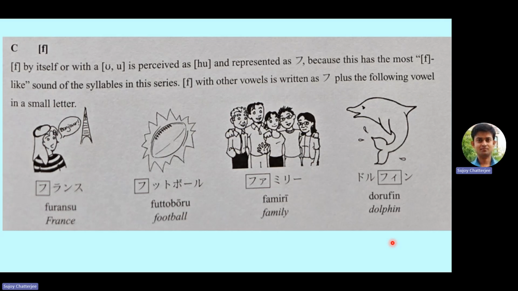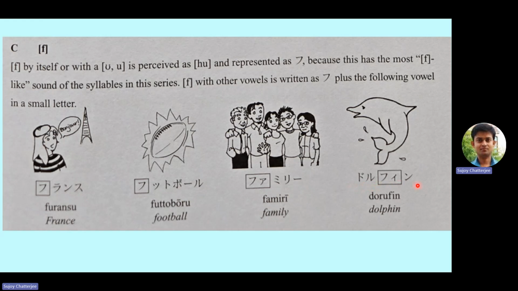F with other vowels is written as fu plus the following vowel in a small letter. So France will be furansu. Football will be futtoboru. Family will be famiri. Dolphin will be doru fin.